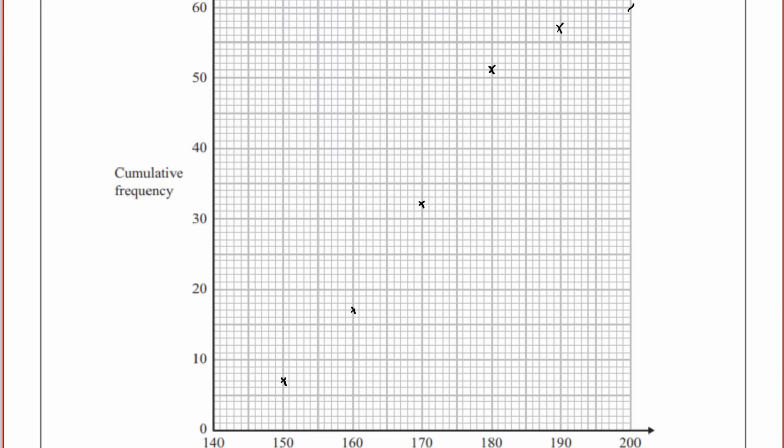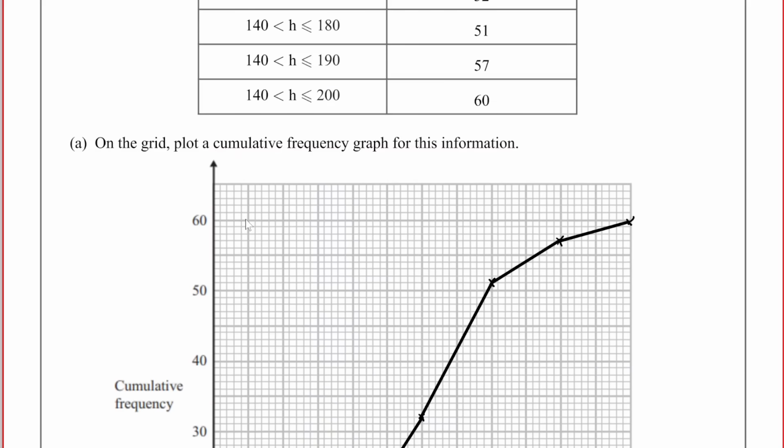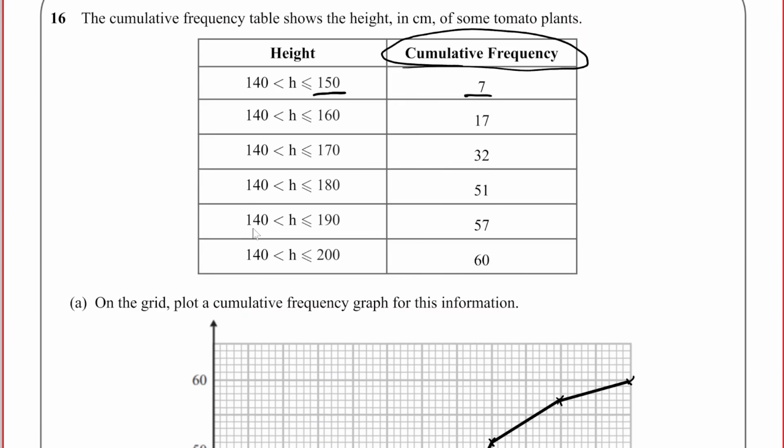And 260. We can join them up with a curve or with straight lines. I will use straight lines. It's a lot easier on the computer. And that is our cumulative frequency graph.